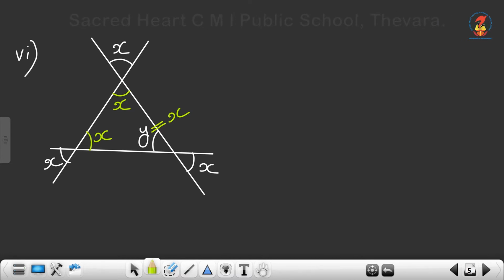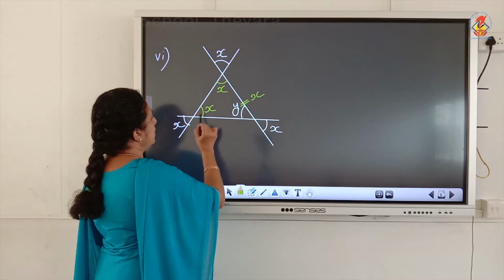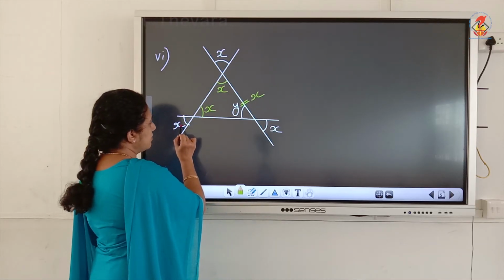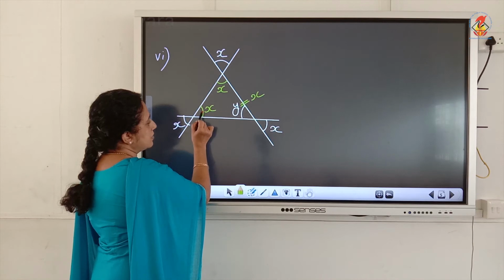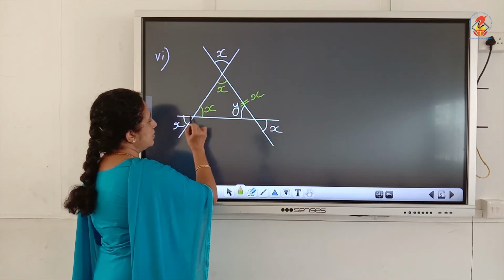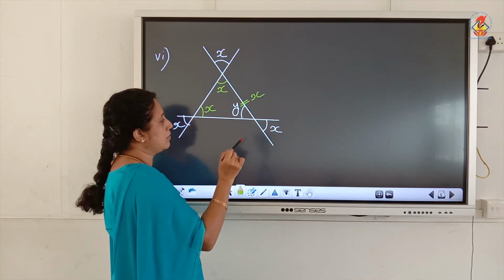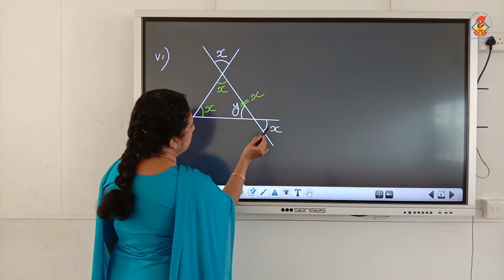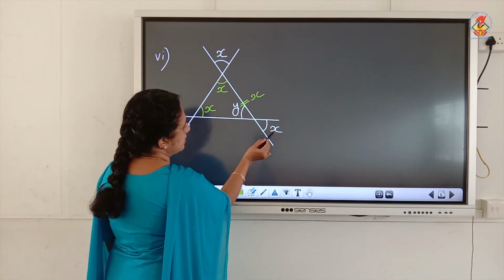Here the x is given. So, we can take this angle as also x because these two are vertically opposite angles, they are equal. Here the angle is given as x, and what is the measure of this angle? That is also x because they are also vertically opposite angles. And here y and x are equal.